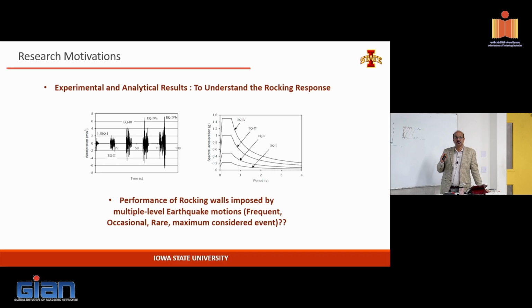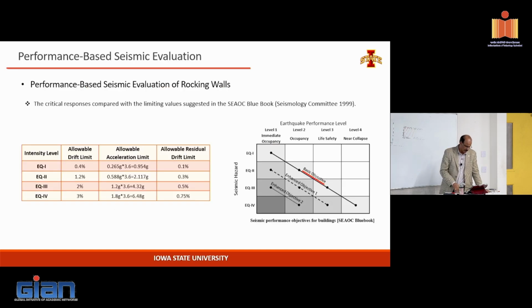When they released this EQ1, EQ2, EQ3 level intensity motion, they also proposed some idea in terms of expectation if your structure is to be functional. So Seismic introduced this concept of earthquake performance level.